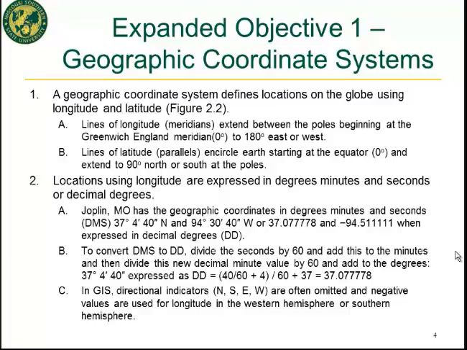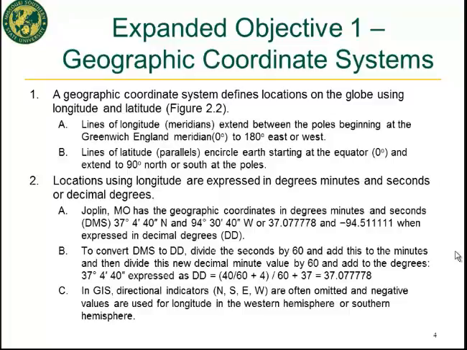You do need to understand how to convert from DMS, degrees, minutes, and seconds, to decimal degrees. Here's how to do that. You take the seconds, divide that by 60, add that result to the minutes, and then divide that result by 60, and finally add your calculation to the degrees value.